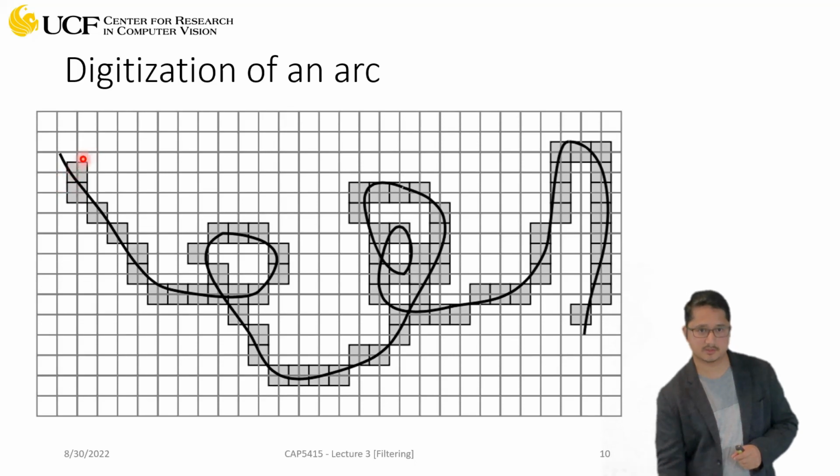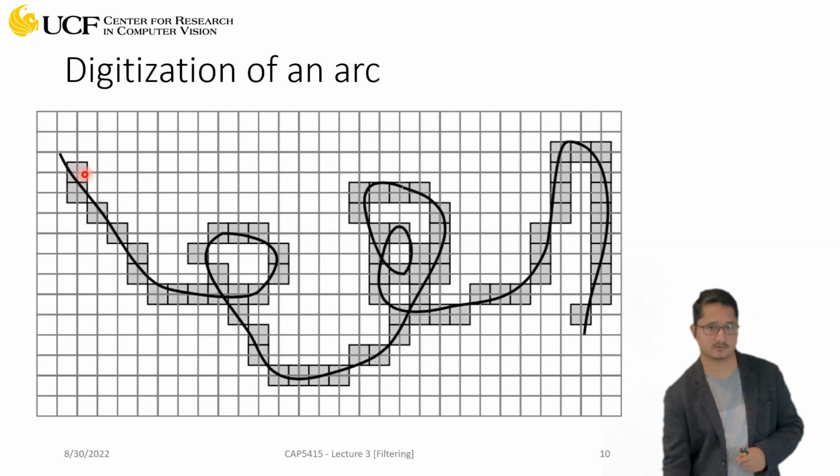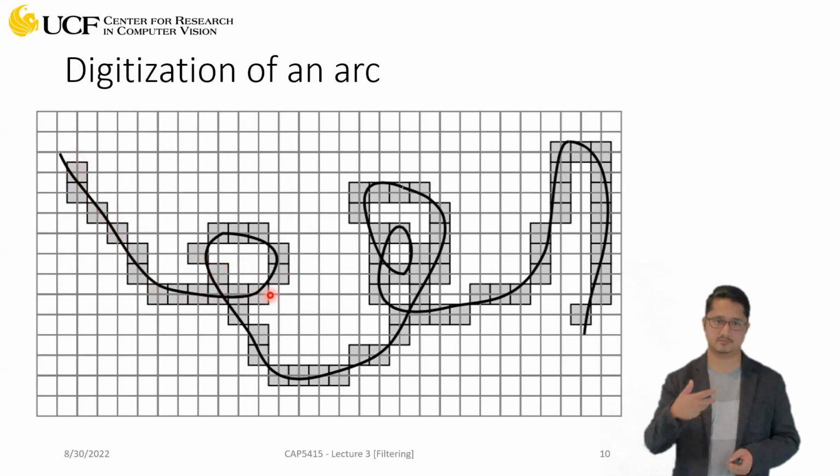Okay, so the continuous curve was the original curve, but these blocks which I'm showing, this is the discretized version. And you can note here that we are only assigning values when these axes are crossing. Okay, and if you just omit this continuous curve, you can still see the digitized version.